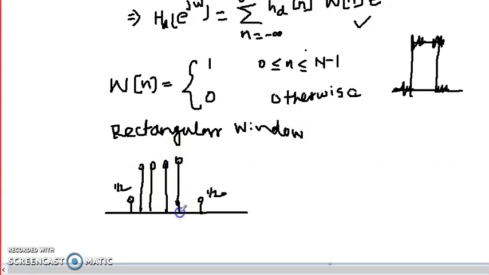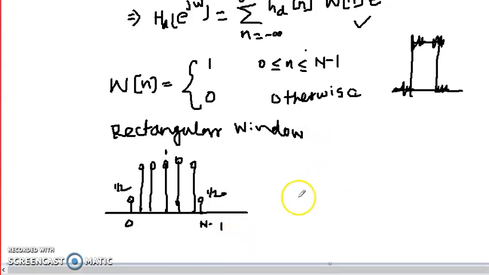This is called the modified rectangular window. Where the first term, that is at 0, is half, and at N minus 1 is half, and here everything is 1. So this is one example.